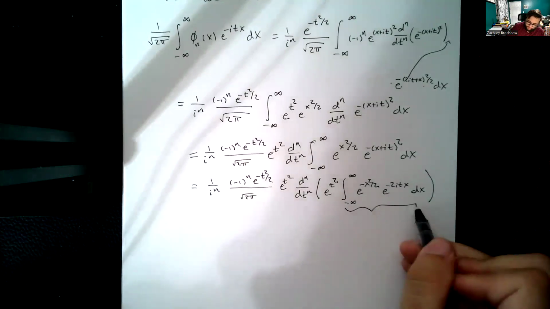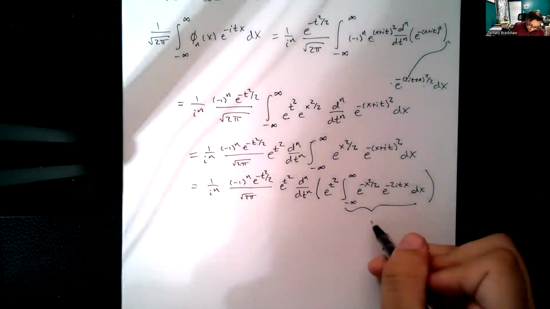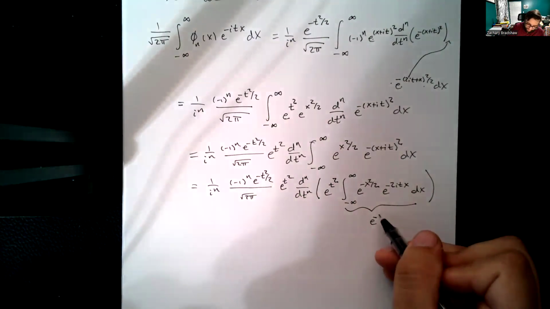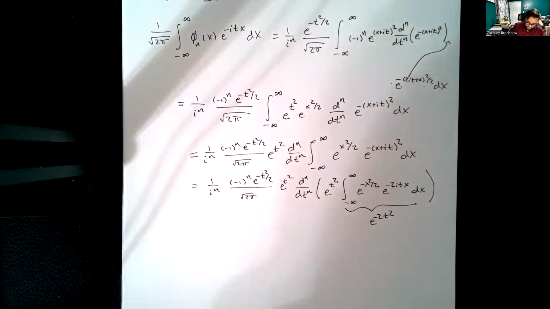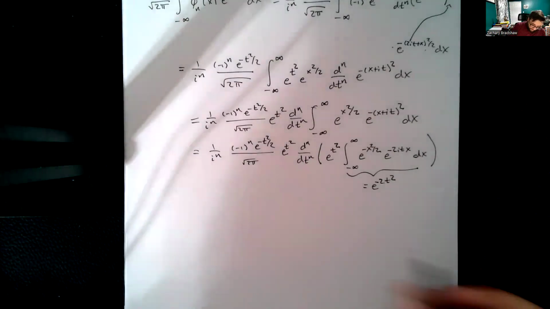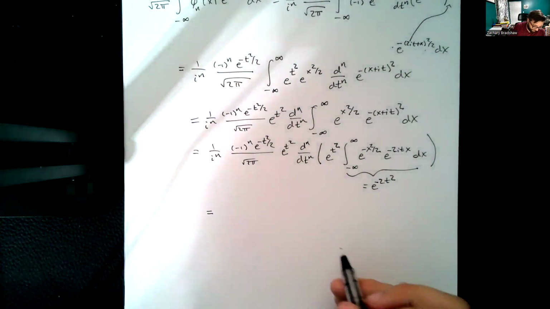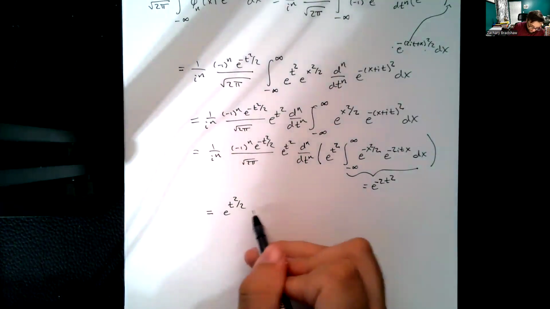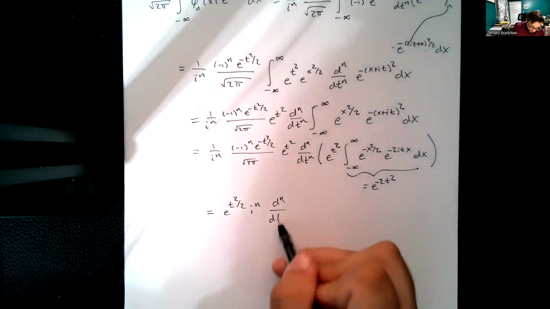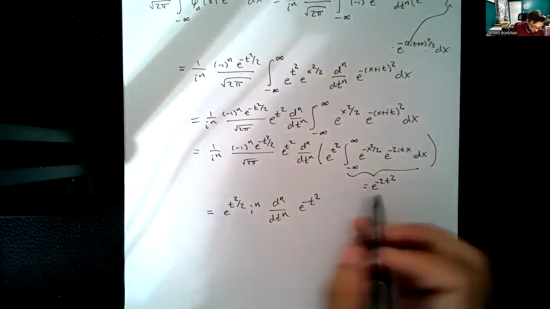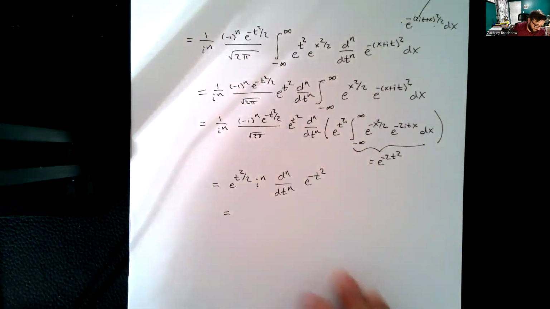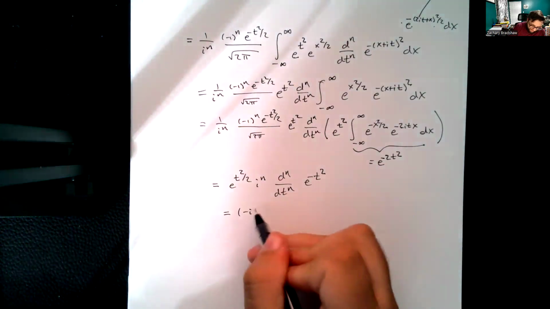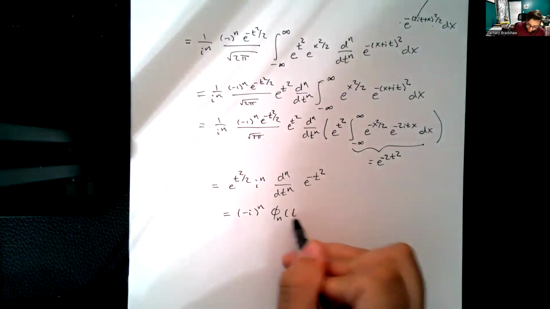And this is the integral from the previous problem, which is e to the minus, well, actually, we have an extra factor of 2 here. So it'll be e to the minus 2t squared. And so that leaves me with, let me combine a bunch of things here. This will be e to the t squared over 2, i to the nth derivative of e to the minus t squared, which is equal to, plugging definitions back in, minus i to the n phi n of t.